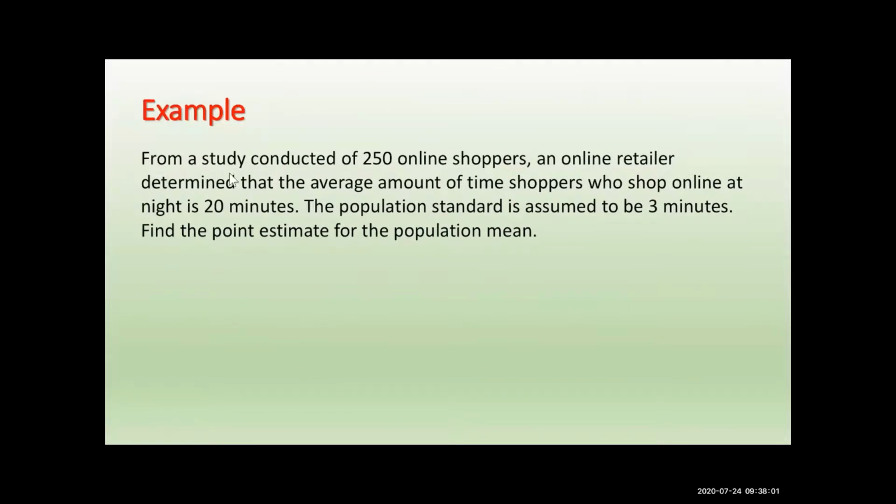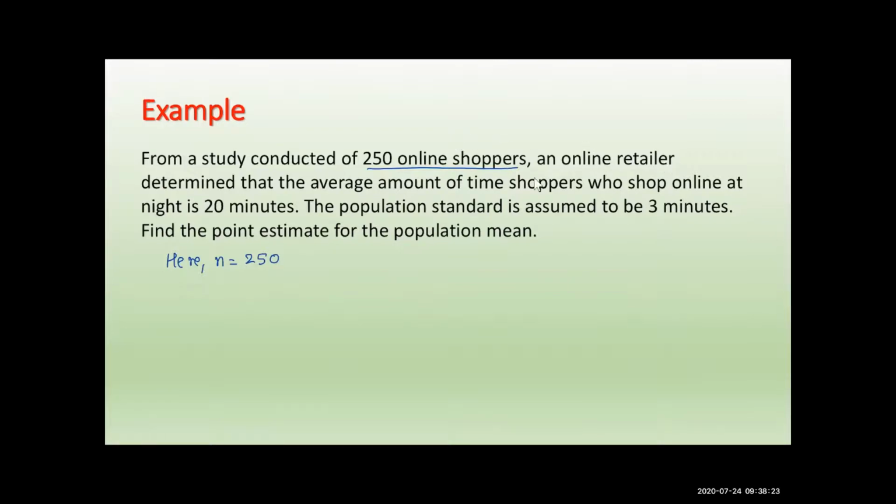Example, from a study conducted of 250 online shoppers. So this is your N, that is your sample size, 250 online shoppers. So make sure you write this down here. N is equal to 250 online shoppers.